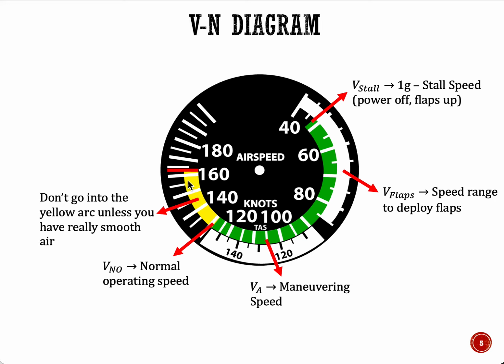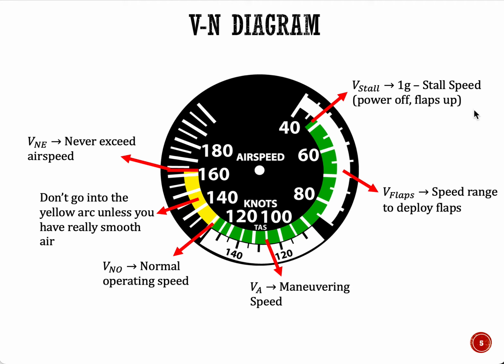If you're entering turbulence or if there's a particularly gusty day, you should not fly in this region because once again, you may end up overloading the structure, thereby structurally damaging your aircraft. And then the red line right here is the never exceed speed. Do not exceed it, otherwise your aircraft will sustain damage and it may even break apart.